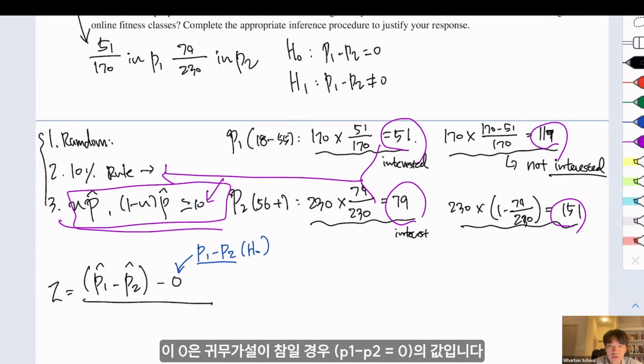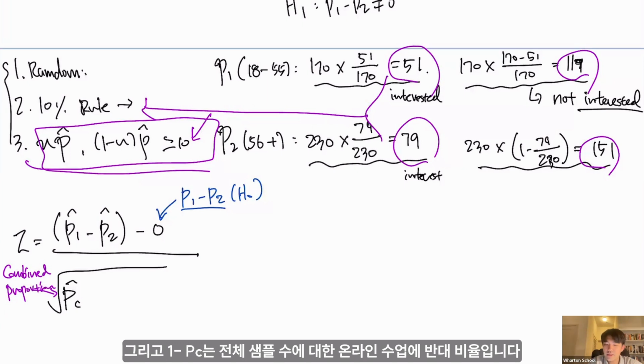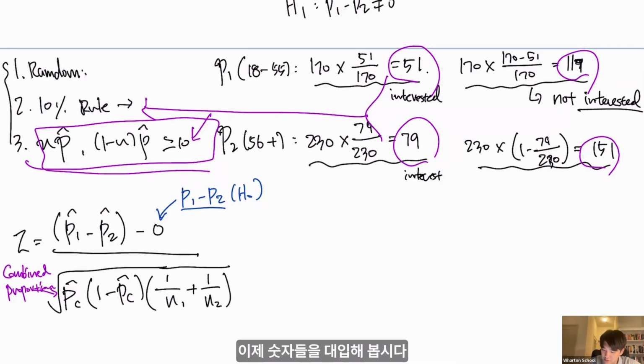And over the square root of PC, the combined proportion, which I'll calculate later, times 1 minus PC, the proportion who are not interested in online fitness, times 1 over N1 plus 1 over N2. So let's substitute the values.